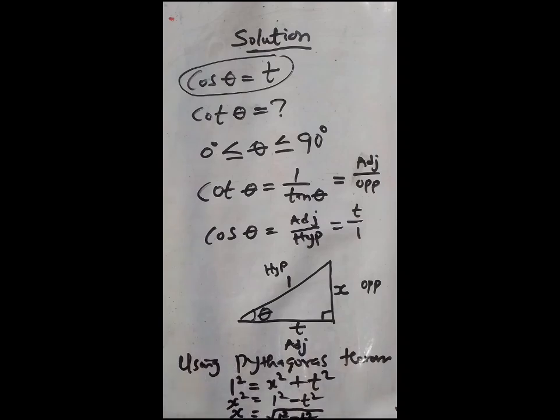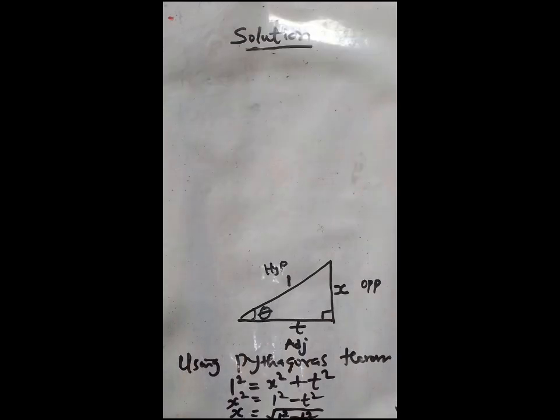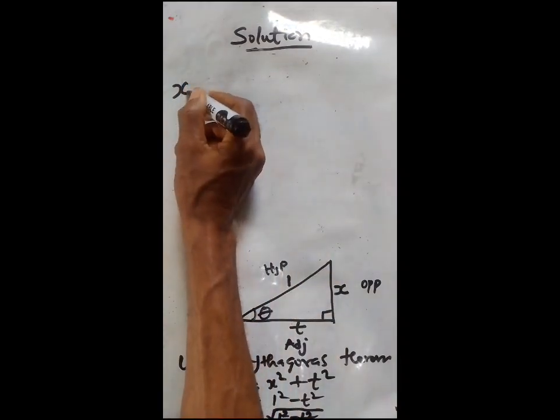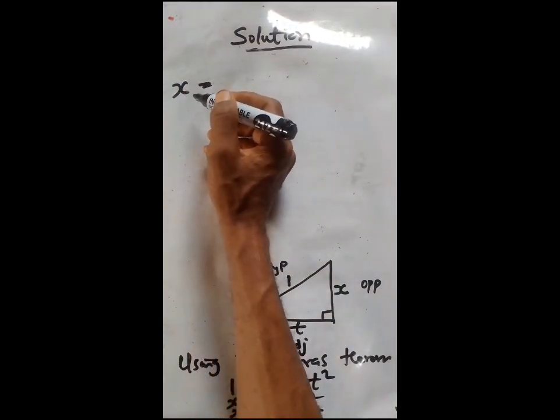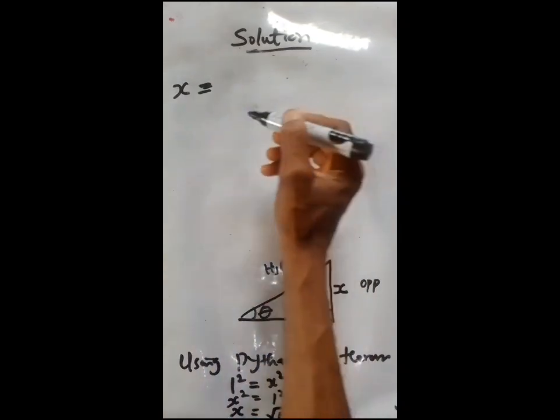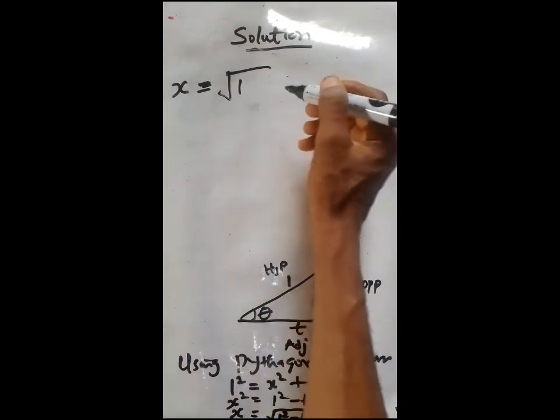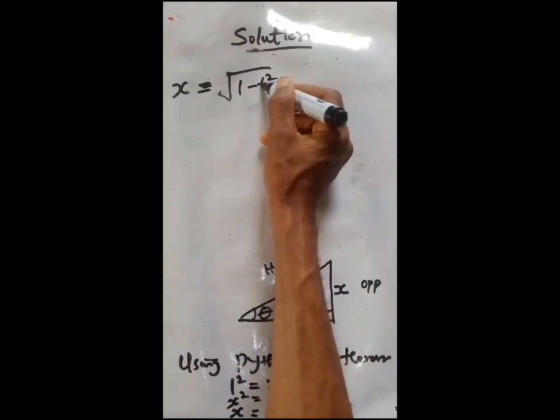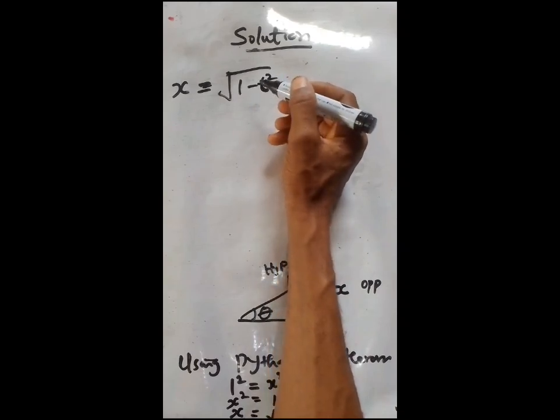Now we need space, so let's rub off the top one so that we have more space to continue our work. So now our x will be equal to the square root of 1 minus t square.